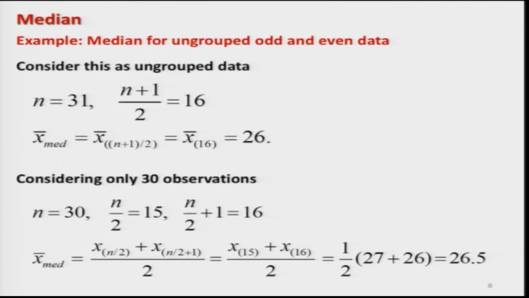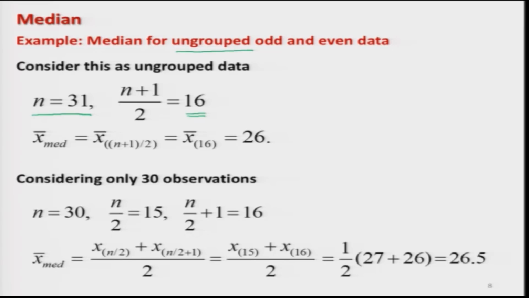Okay. Now, when I consider this data as ungrouped data, the number of observations is 31, so n is equal to 31. The value of (n plus 1) by 2 is 16.